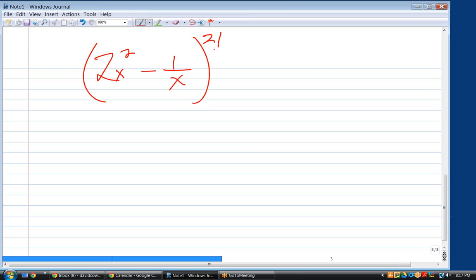Okay. Now, when they say the 9th term, is that what you mean, or is it the term where x has an exponent to the 9th? They mean the 9th term. The 9th actual term. Okay. Cool. So, let's do the first term. All right.